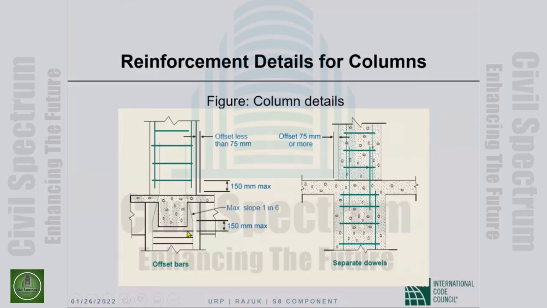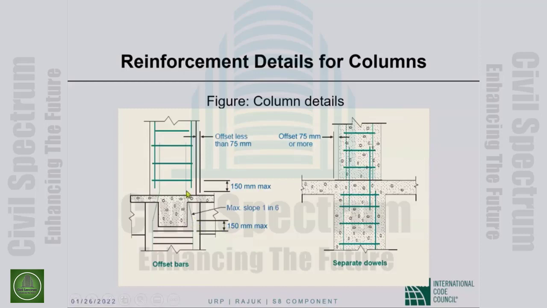And then you have to start ties. So if you bend the bar, there is a horizontal thrust. To resist that, you will need transverse reinforcement. Those have to start no more than 6 inches below where you bent it.